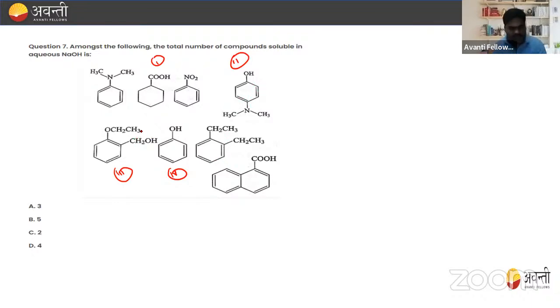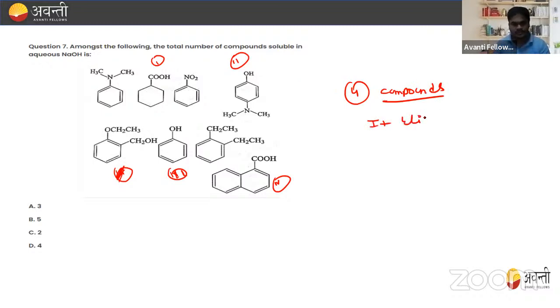This will not contain the phenolic group, right? So this is third, and this is fourth, right? So among the following, the total number of compounds which are soluble in aqueous NaOH, only 4 compounds.